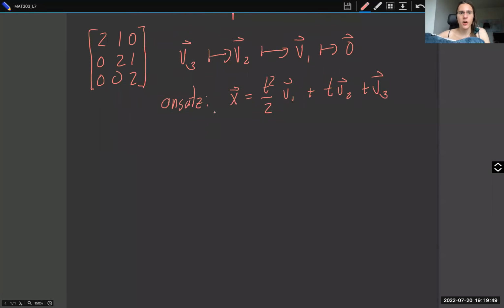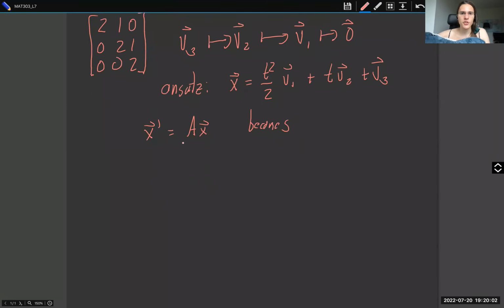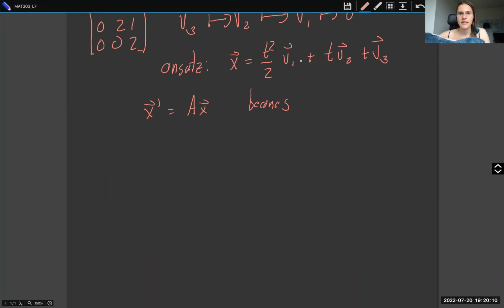So with this ansatz, the equation x prime equals Ax becomes, so now we're differentiating this, and it's this times e to the lambda t, of course.